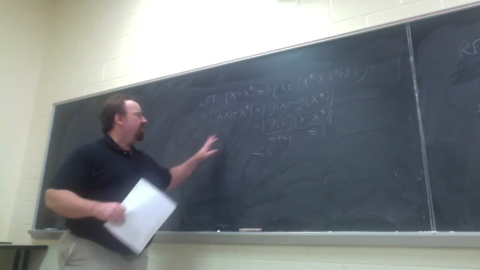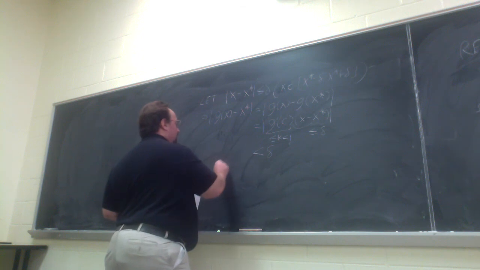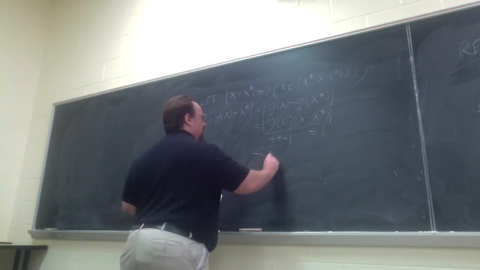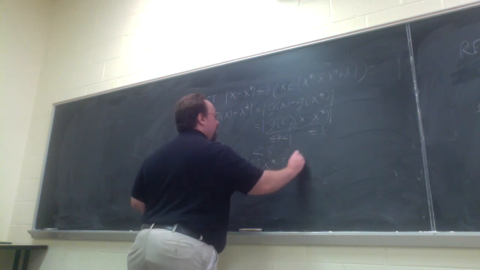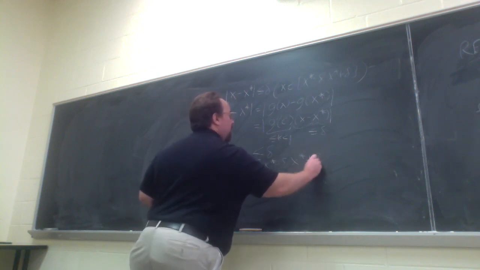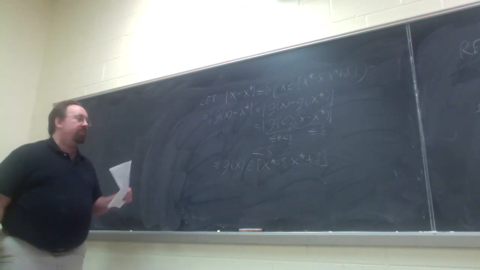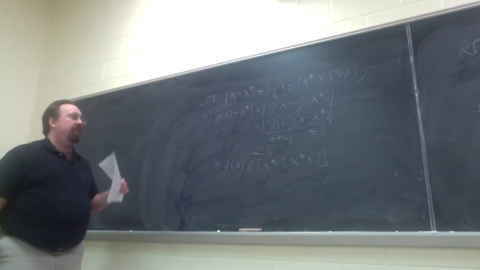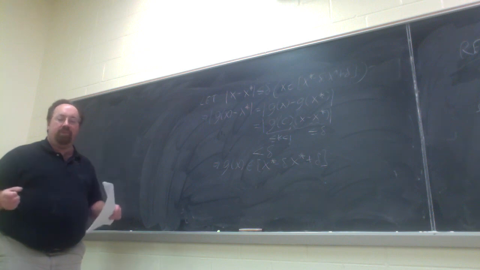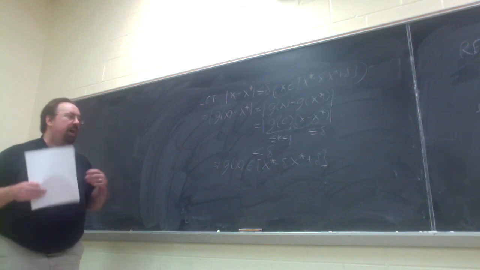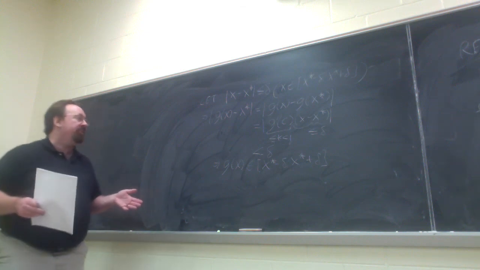That means that g of x is also in the interval x star minus delta, x star plus delta. So g, with this choice of lambda, maps this interval into itself, guaranteeing that Brouwer's fixed point theorem applies.